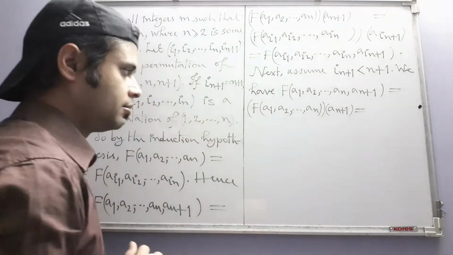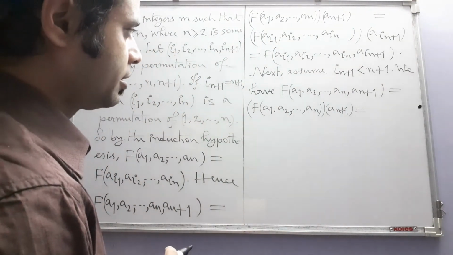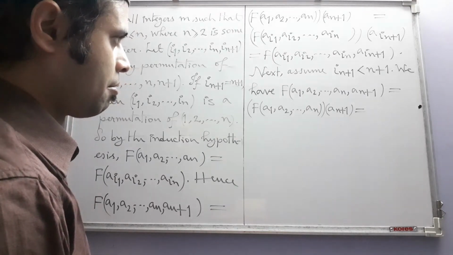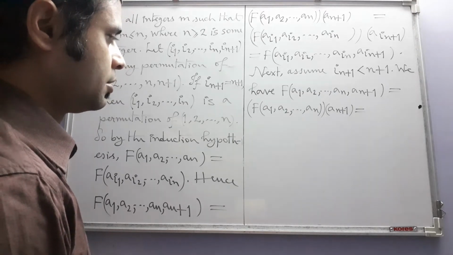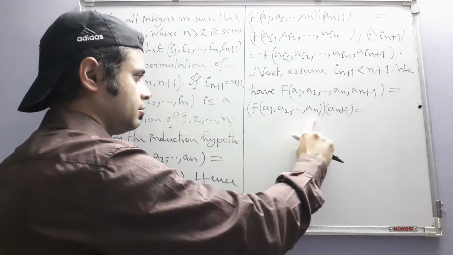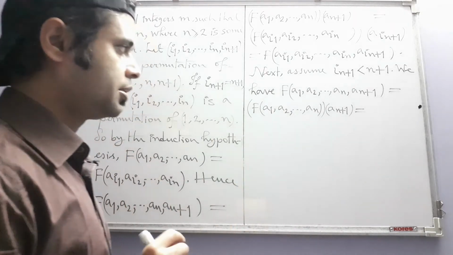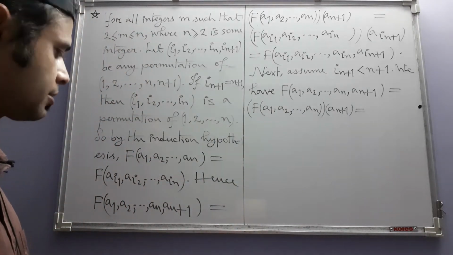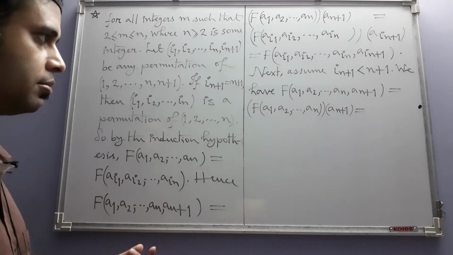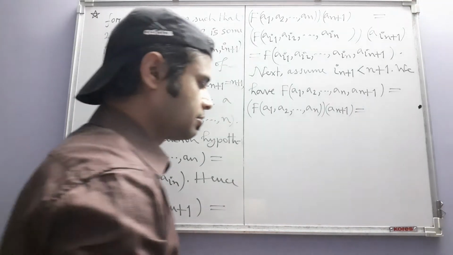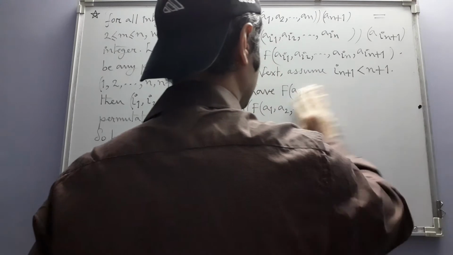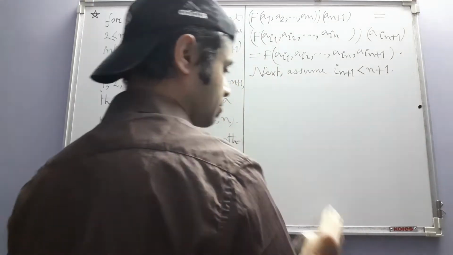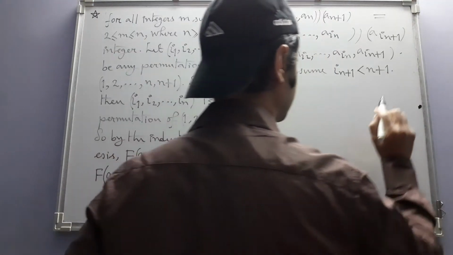Should I write by the induction hypothesis? I am now going to change the order of these elements in a particular form, just like what we did here, but not this permutation, something else. It will be better to mention that we are using the induction hypothesis.